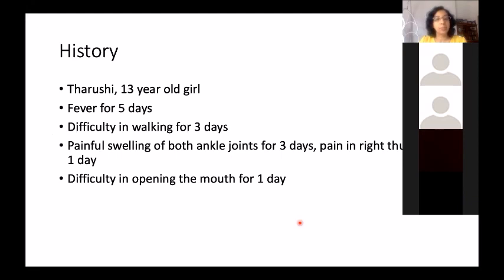She also developed painful swelling of both ankle joints for 3 days and then pain in right thumb for 1 day. She also complains of difficulty in opening the mouth for 1 day duration. So these are the symptoms or the complaints that this girl had on admission.